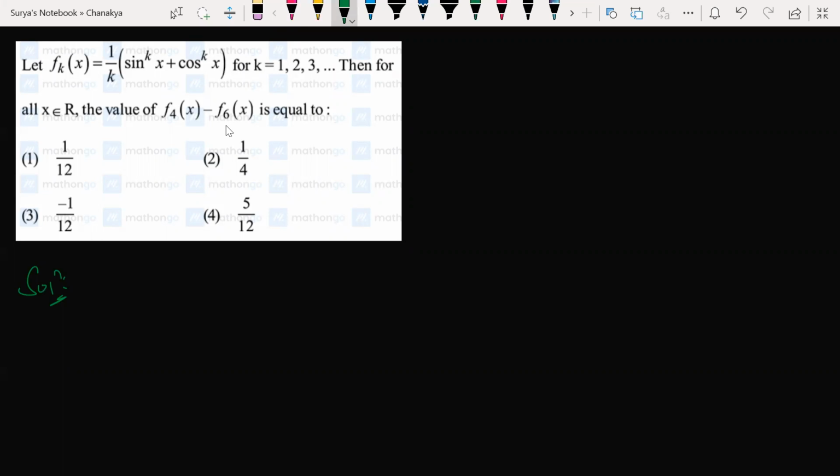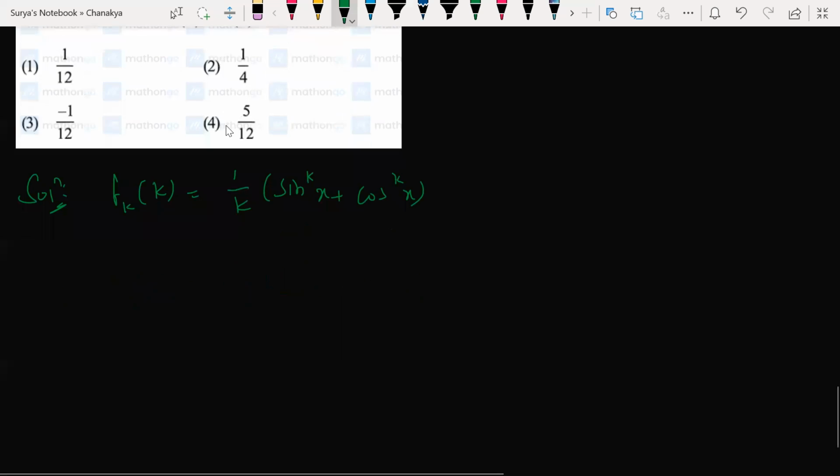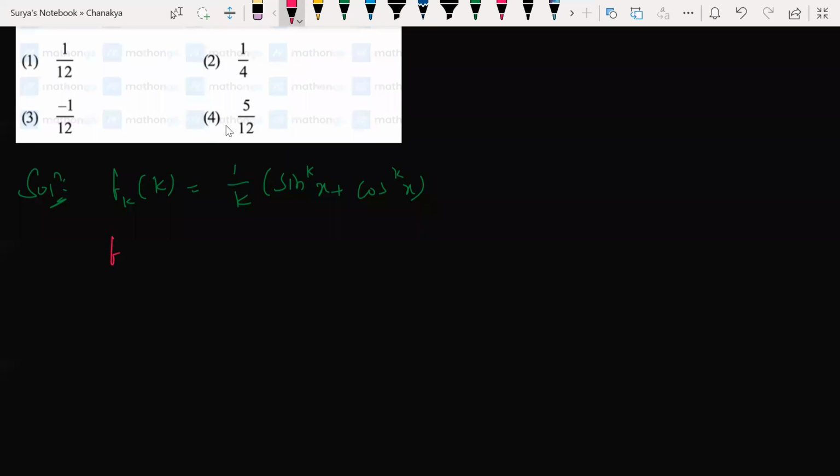Sir, I got option C. What about you, Pravalika ji? How did you solve? Can you explain to me? Here k values 1, 2, 3 are given, then what is f of x? I mean f6 of x is equal to what?